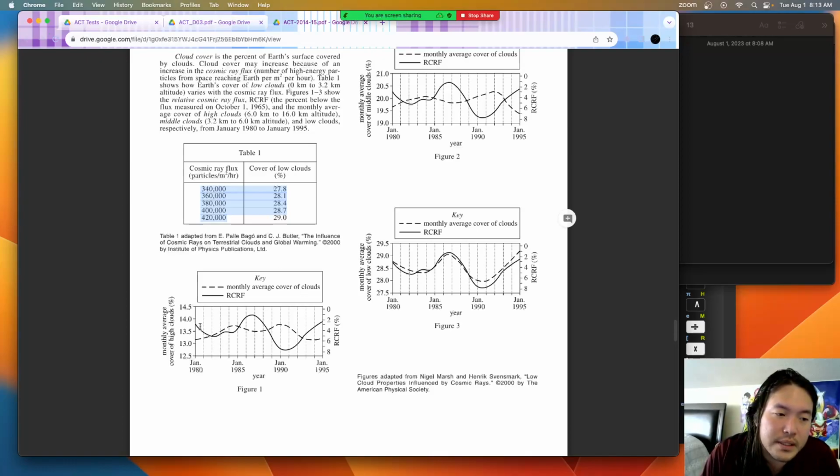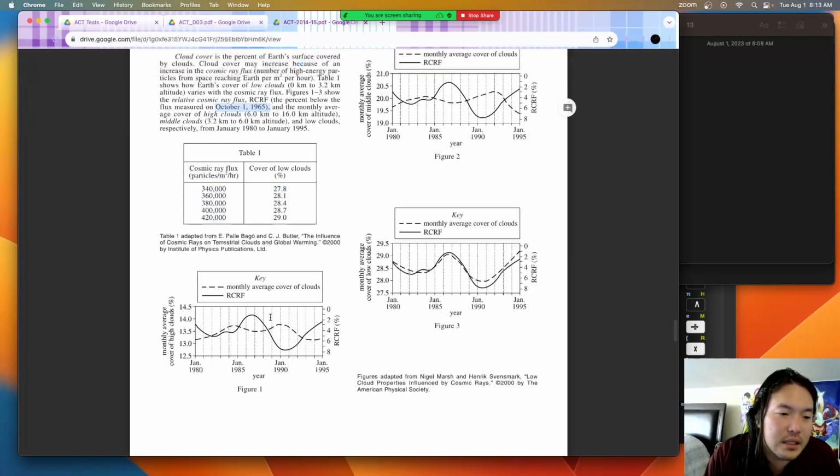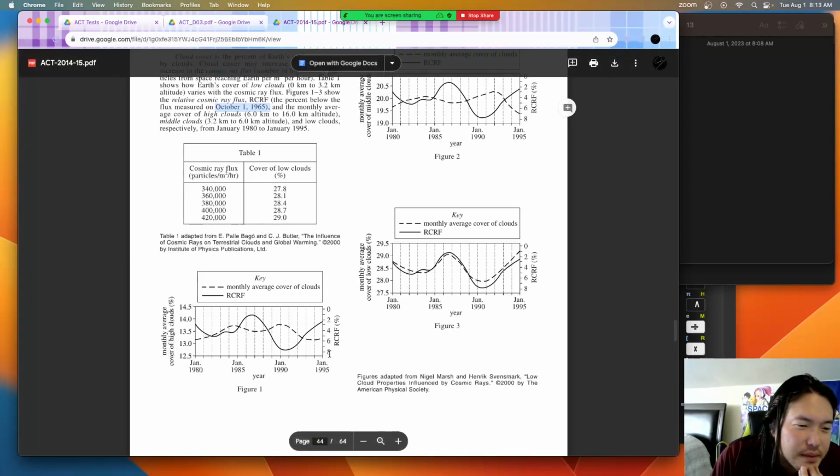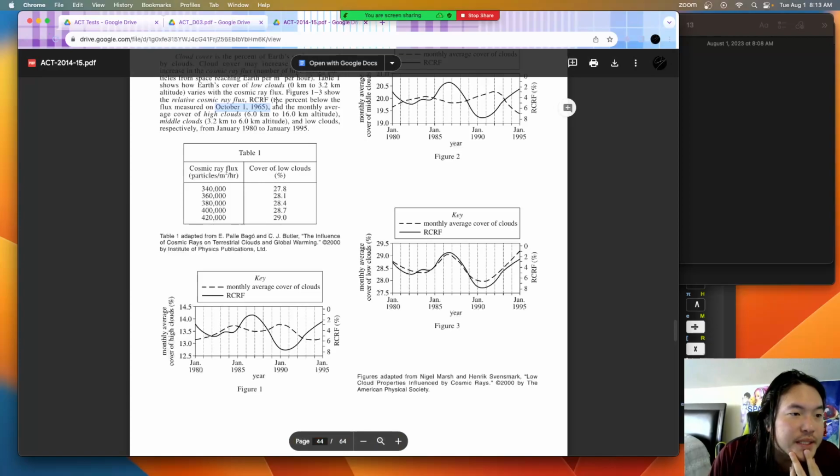And then what is this RCRF? This is the relative cosmic ray flux. They're calling the cosmic ray flux from October 1st, 1965 as 1, so anything under 1 is going to be less, and anything more than 1 is going to be more. No, that's not quite right. Why is the RCRF upside down? The percentage below.